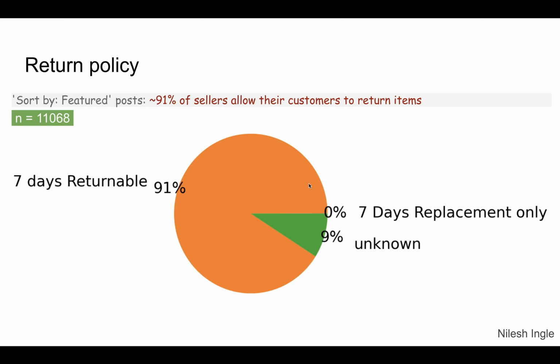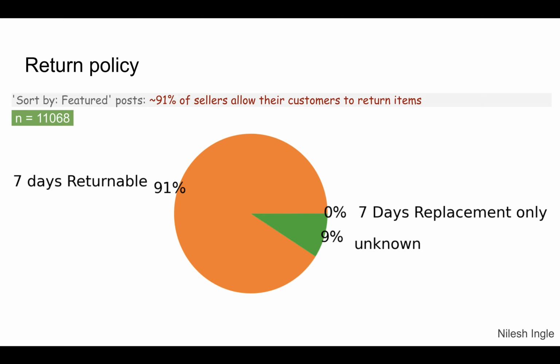Now, for each of those listings, there is a return policy for the item that is sold. So if I buy a toy on Amazon, then some sellers would give a 7 days replacement. Some give 7 days return. It could be 10 days.